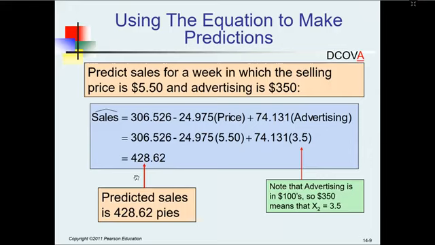So what it means is that when each pie is selling at 5.5, and the money spent on advertising is 350, then you are likely going to sell about 429 or 428 units of pie. So the predicted sales will be approximately 428 or 429.